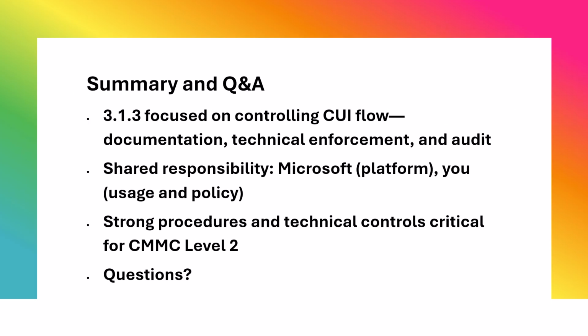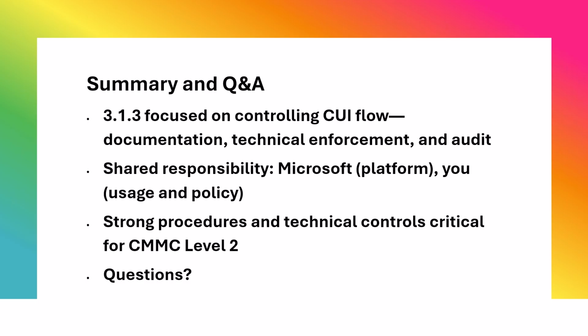So in summary, 3.1.3 is focused on controlling CUI flow, its documentation, and technical enforcement and audit. NIST 800-171 Control 3.1.3 is about ensuring CUI is only shared, transmitted, or made accessible in explicitly permitted ways, which are approved by your organization and in accordance with contract and legal requirements.